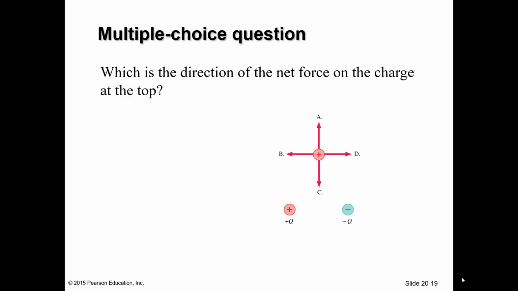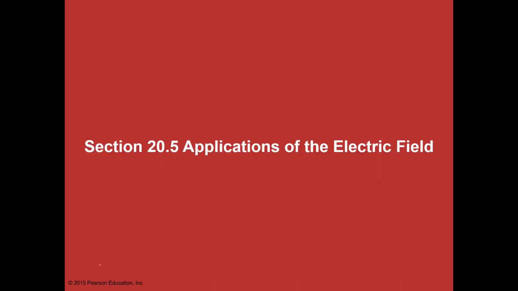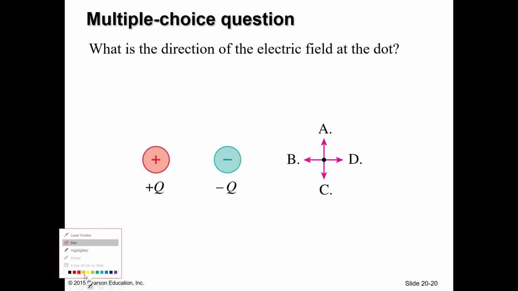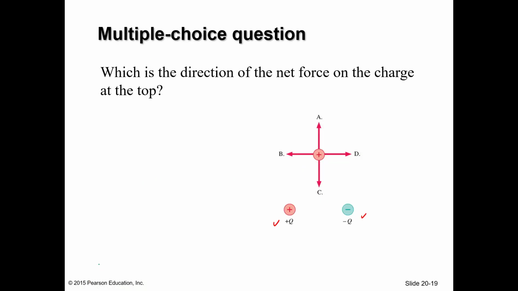So what's the direction of the net force on the charge on the top? So we want to find the direction of force due to these two charges. So we have this charge, and we want to find the direction of the force at this point. Is the direction along A, or is the direction along B, C, or D? So think about that.